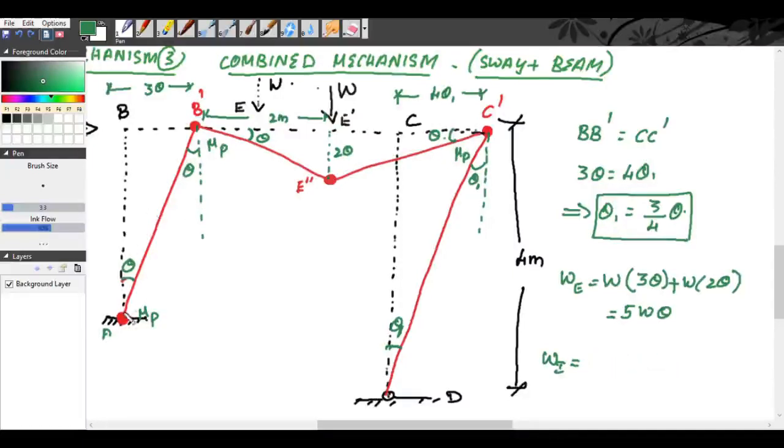At A, it is MP into theta. At B, see there is sway mechanism as well as beam mechanism.